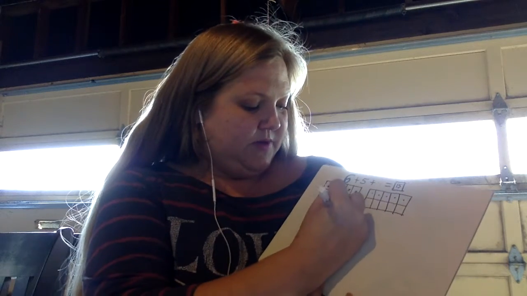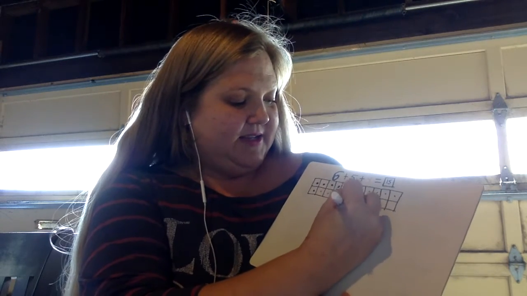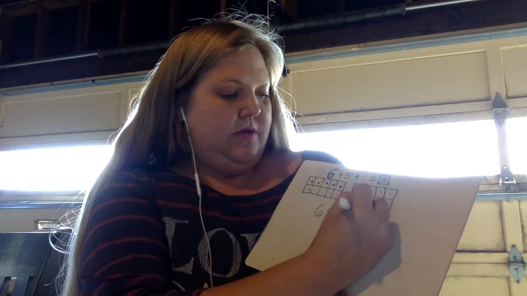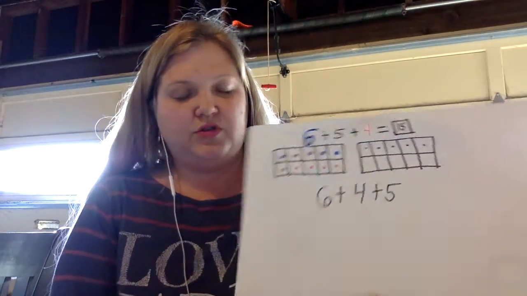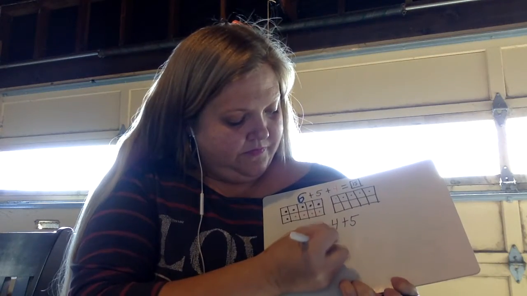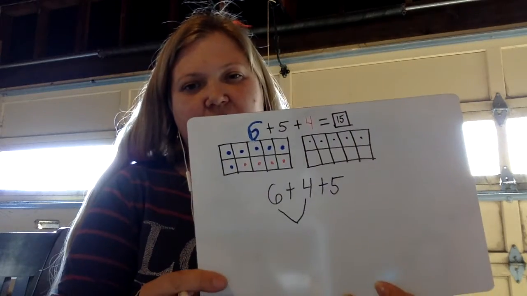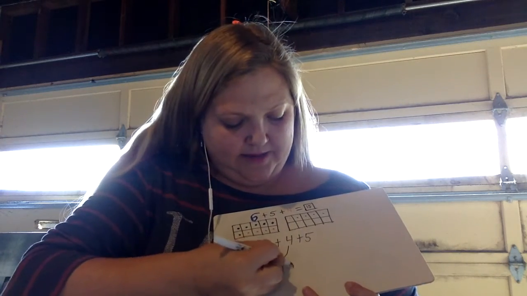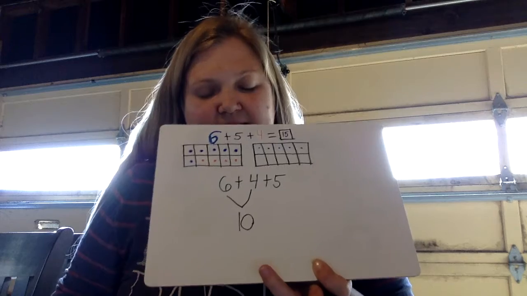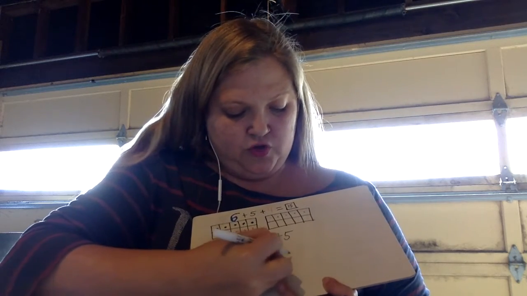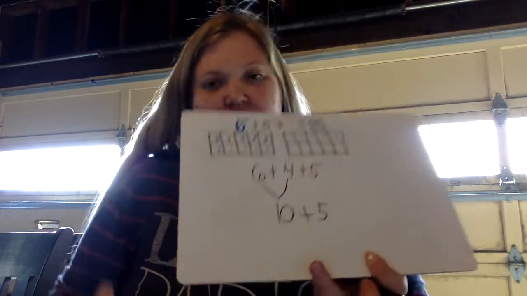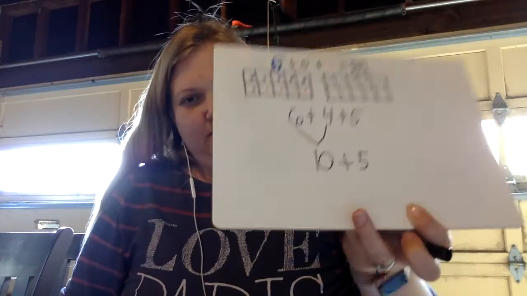I did move the numbers around in my brain. I did a 6 plus a 4 plus the 5 first. My 6 and my 4 together made a 10. And then I used my 10 and some more strategy to think 10 and 5 more.